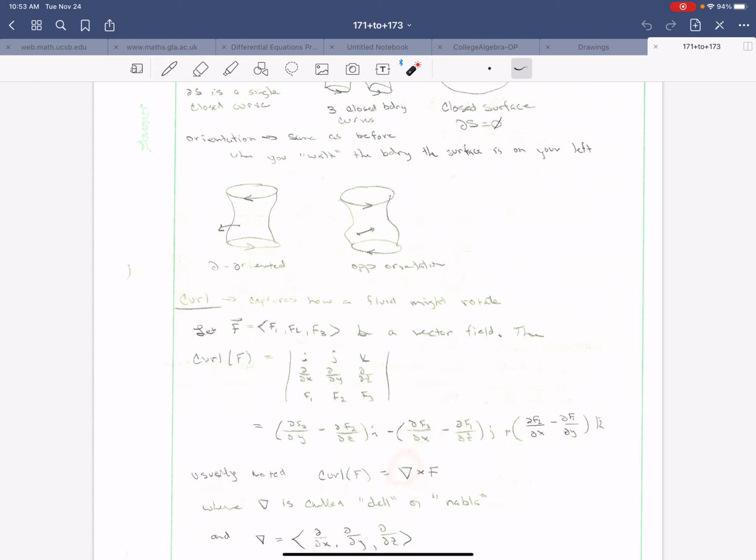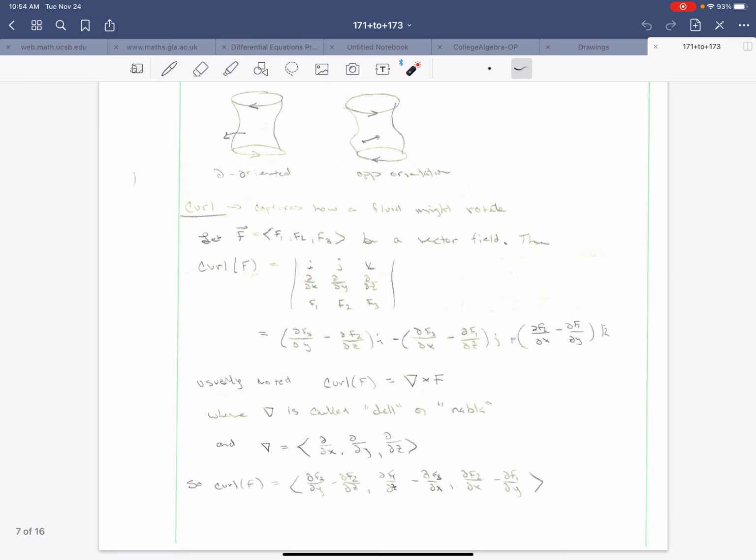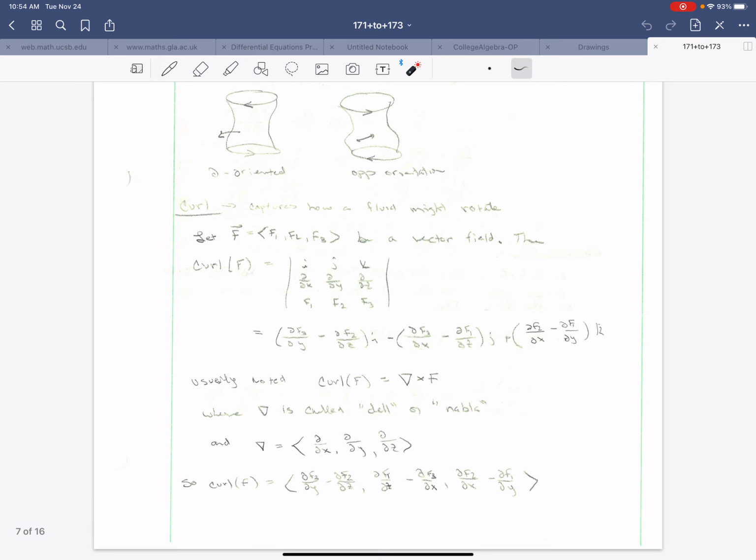And if nabla is partial x, partial y, and partial z, then when you put del cross f, that del should go in that second line, and f should go in that third line. So that's what that is right there.